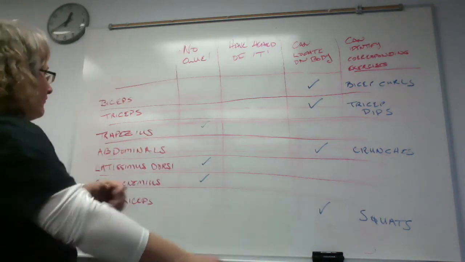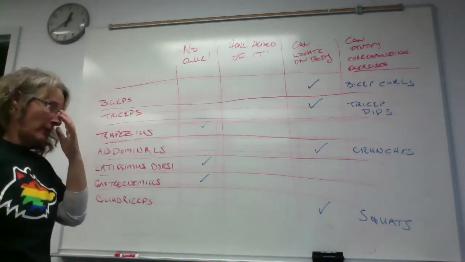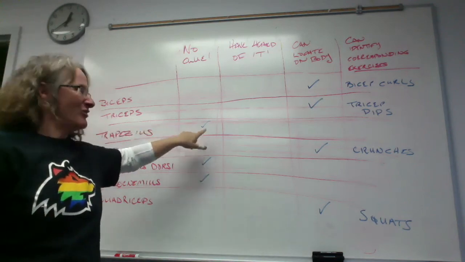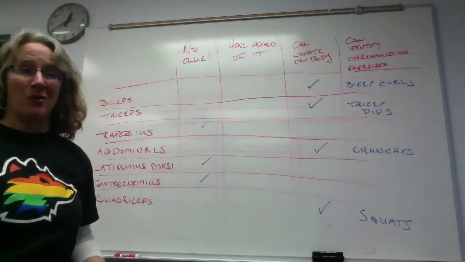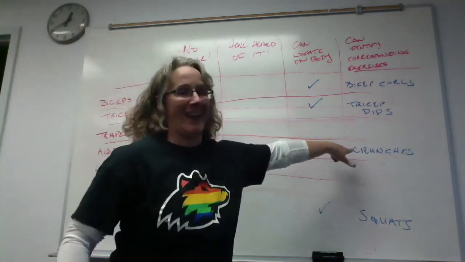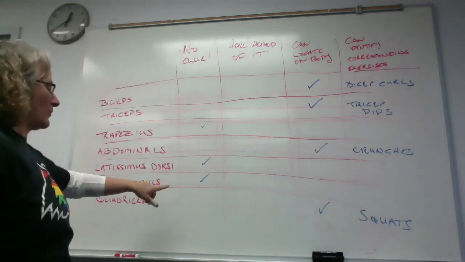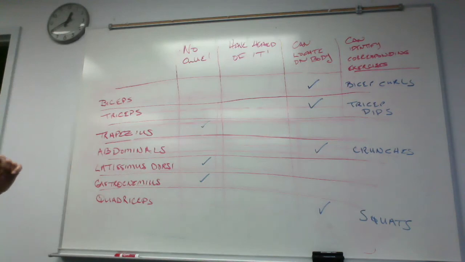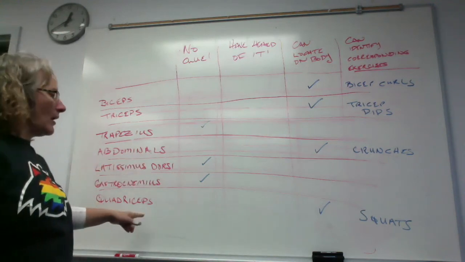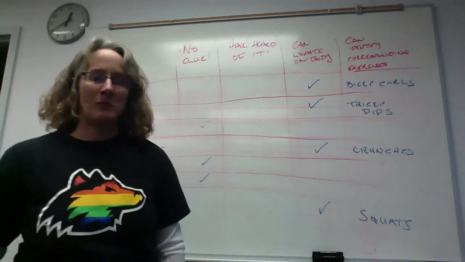Now, some of these words are really hard and I might not have heard some of the more Latin terms for these. Trapezius, I said I have no clue. Abdominals, I usually know as abs. I do lots of sit-ups and crunches, so I can locate them and identify an exercise. Gastrocnemius, I particularly know that it's calves, but may not know that. Latissimus dorsi, no clue, but I did say that I knew quadriceps, and I can locate it on the body, and that squats would be an important exercise.